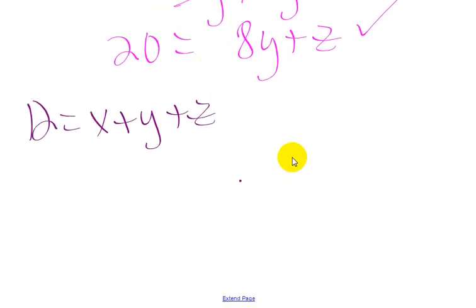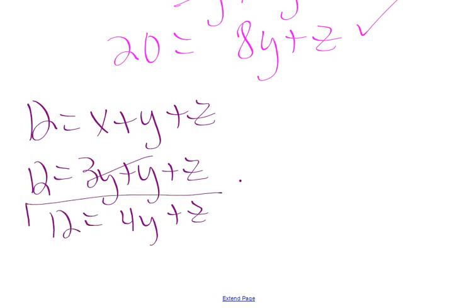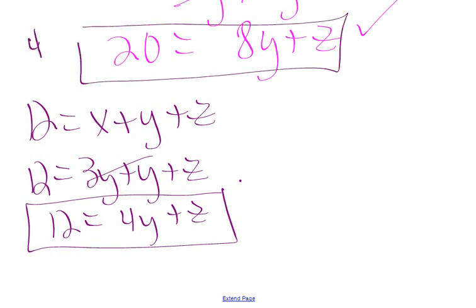So we're going to replace X with 3Y. Okay, so 3Y plus Y is 4Y plus Z. So we have 12 equals 4Y plus Z. So there's our next equation. So we have what we called equation 4 here and equation 5 there.